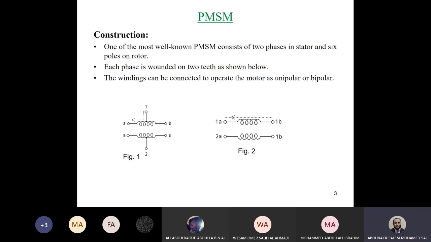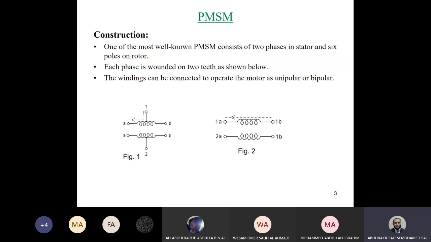So this is the advantage of permanent magnet compared to variable reluctance, as we described the drawback of variable reluctance last class. It has higher torque and power compared to the variable reluctance one.